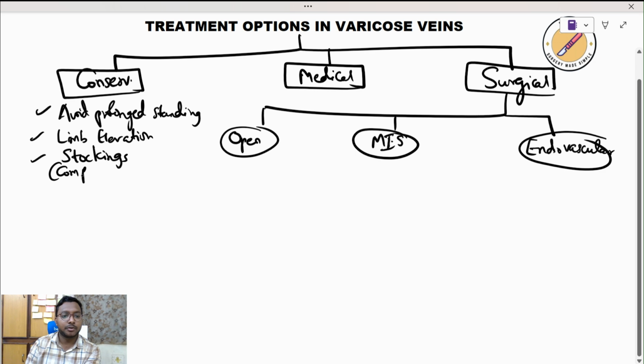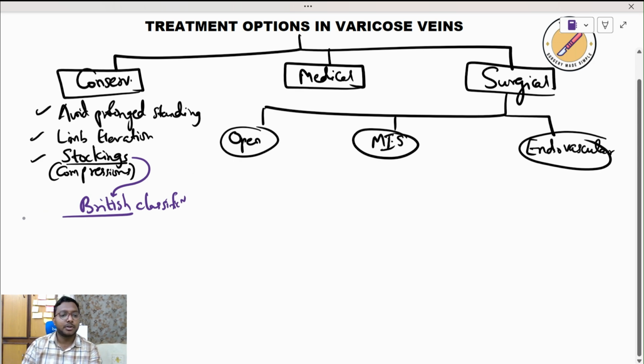Okay, so regarding these stockings, there is an important classification by name British classification. I'll just write down here. British classification, where there are three classes.